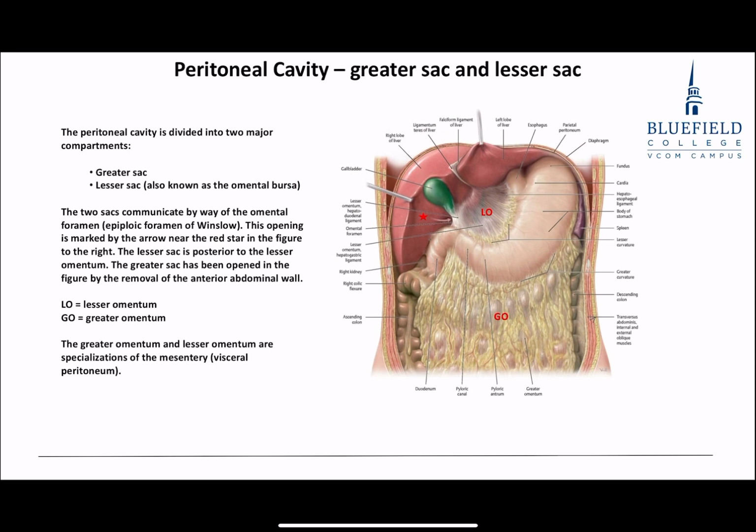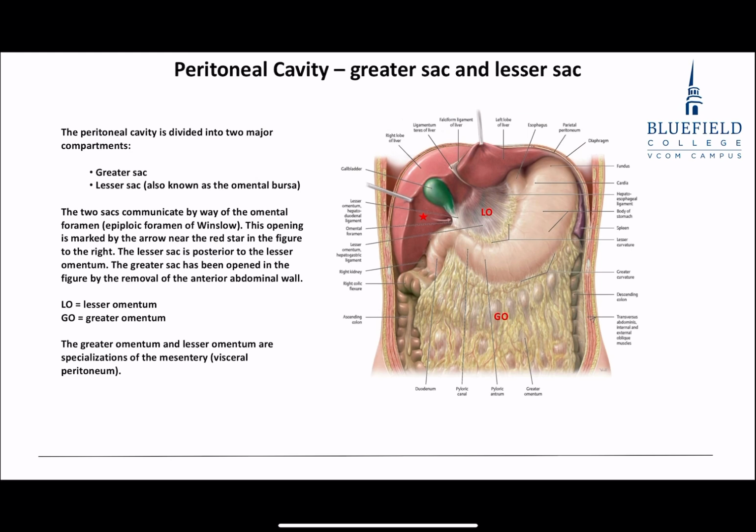Are you okay here? A question or clarification? Yeah. The lesser sac is posterior to that part called LO where the pointer is. So that lesser omentum is the anterior wall of the lesser sac. Yeah.